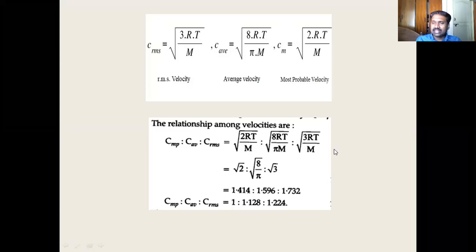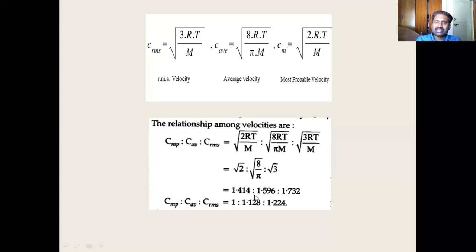Same terms can be cancelled when taking a ratio. So if you cancel R, T, and capital M, these things remain: square root of 2, square root of 8 divided by pi. You cannot cancel pi because there is no pi in the others. And then square root of 3. And these are all numbers. Pi is also a number. So you get 1.414, 1.596, 1.732.